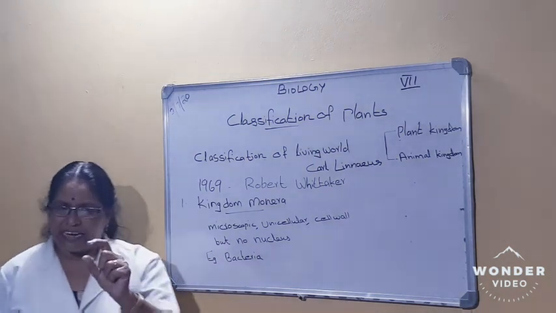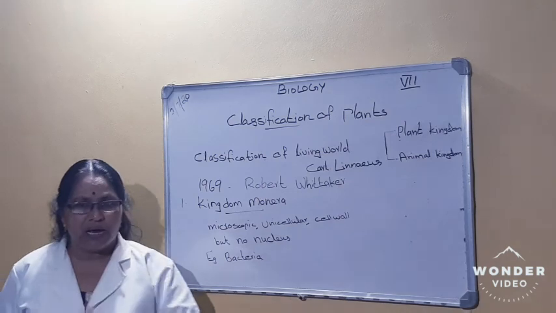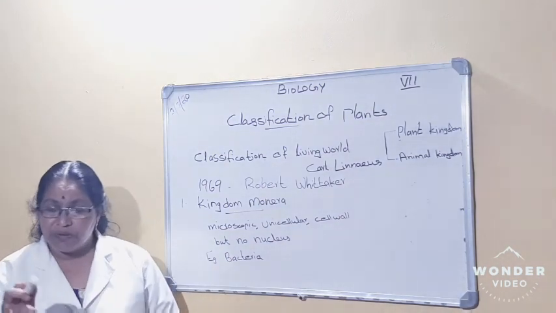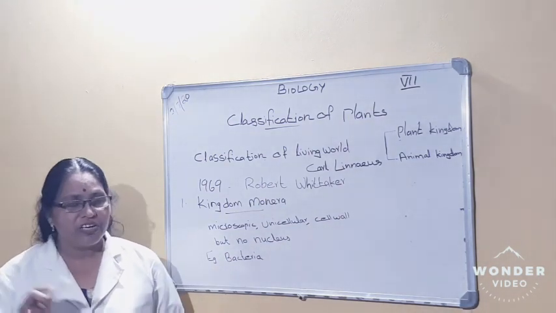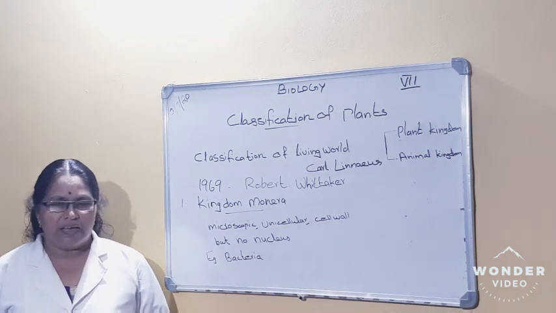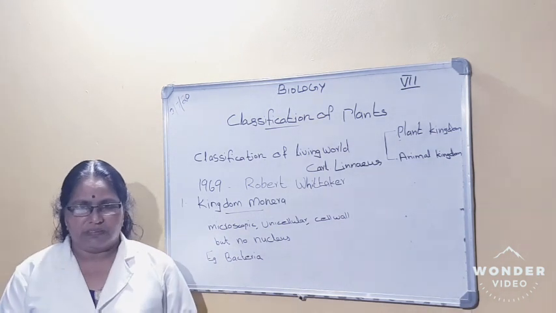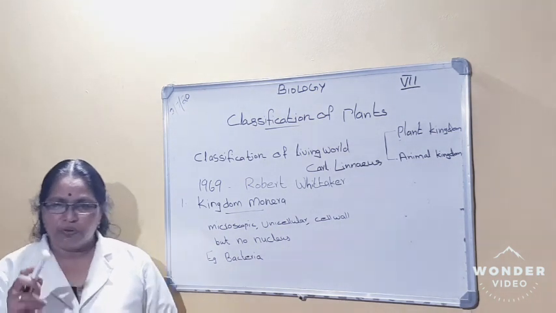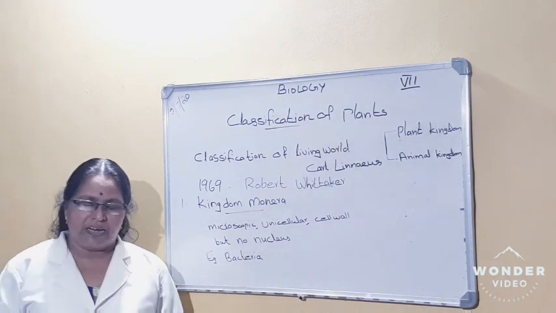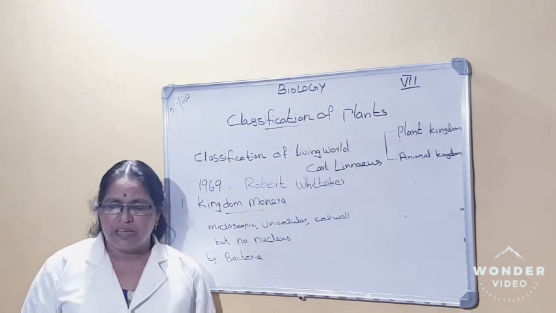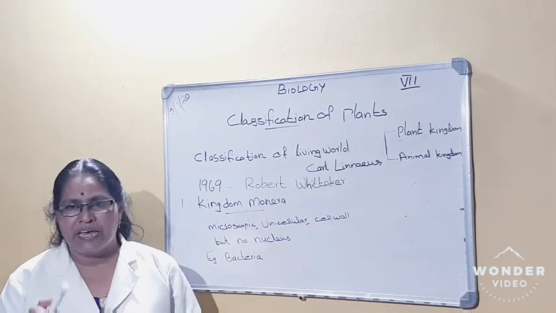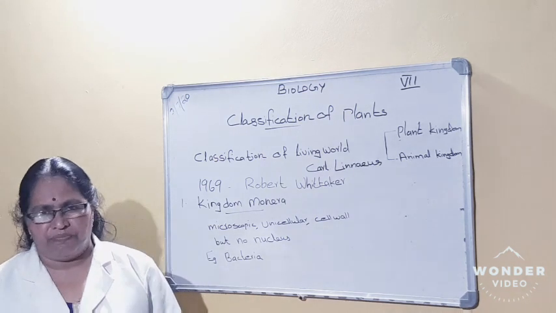Then the second characteristic is unicellular. What do you mean by unicellular? Last year you learned about the cell, and about unicellular and multicellular organisms. What do you mean by unicellular? The organisms which have only a single cell in their body.